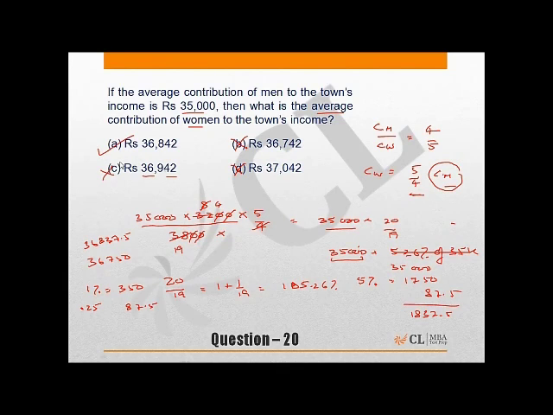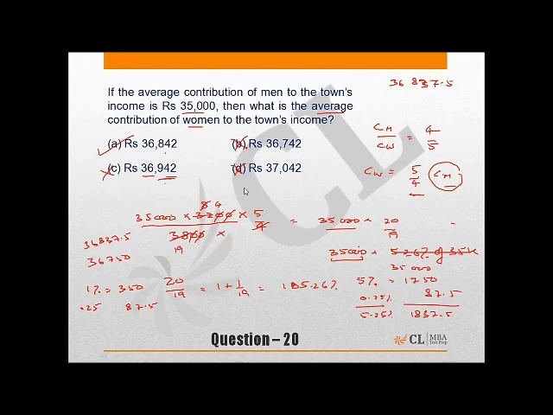Now, those of you who are wondering why I have straight away marked this as the answer, please understand, till now we have got a total of 36,837.5, and we have calculated 5.25%. So the remaining 0.01% will not take it beyond 36,900.